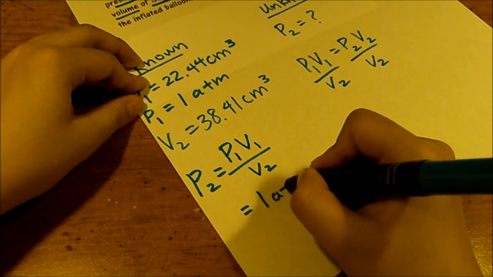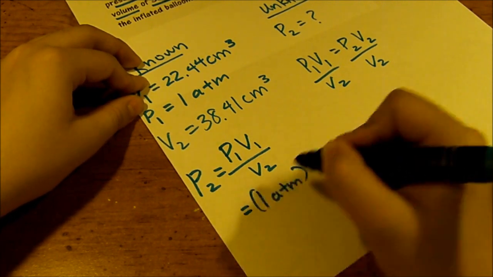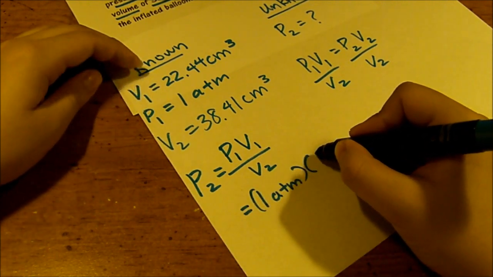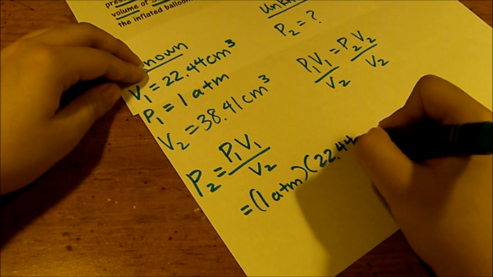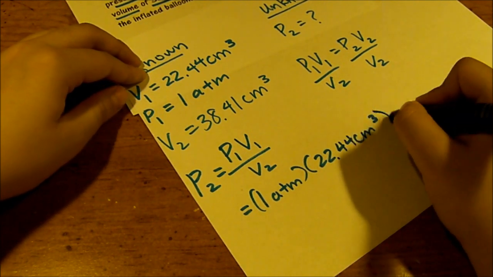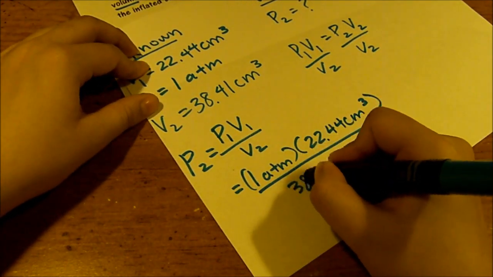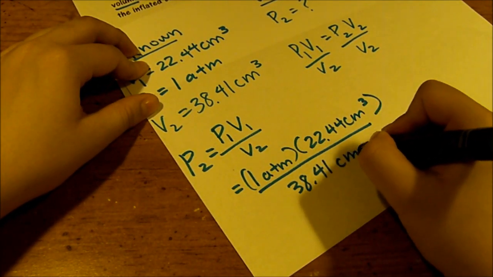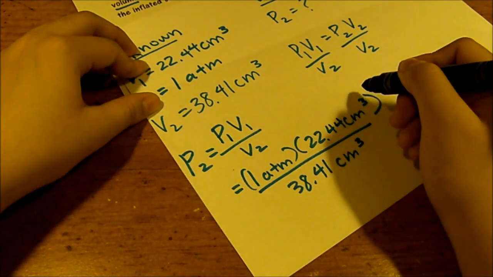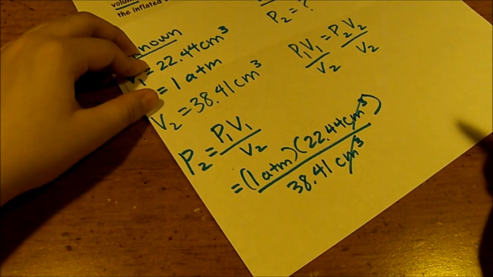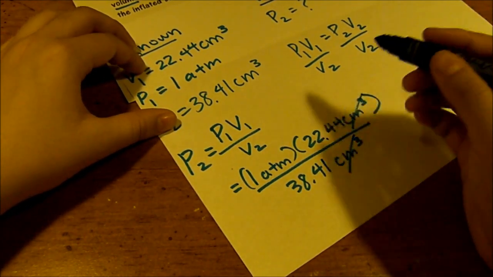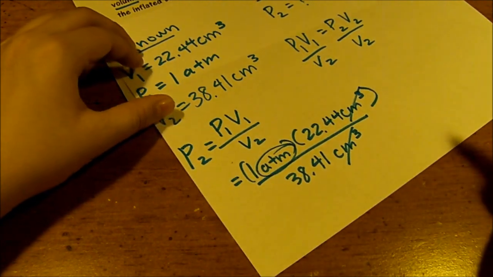P1 is just 1 atm times V1, which is 22.44 centimeters cubed, over V2, which is 38.41 centimeters cubed. And look, the units cancel out, and we're left with atm, which is what we want for pressure.